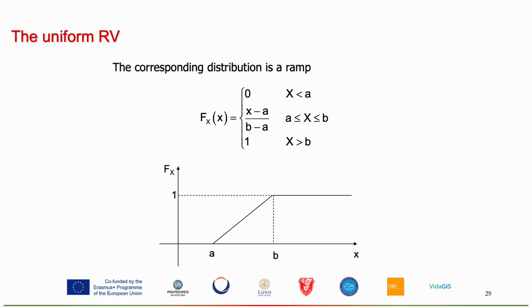It is equal to 1 after b, and in the interval between a and b, it increases linearly as x minus a over b minus a. You see that, as expected, for x equal to a it is 0, and for x equal to b it is 1.